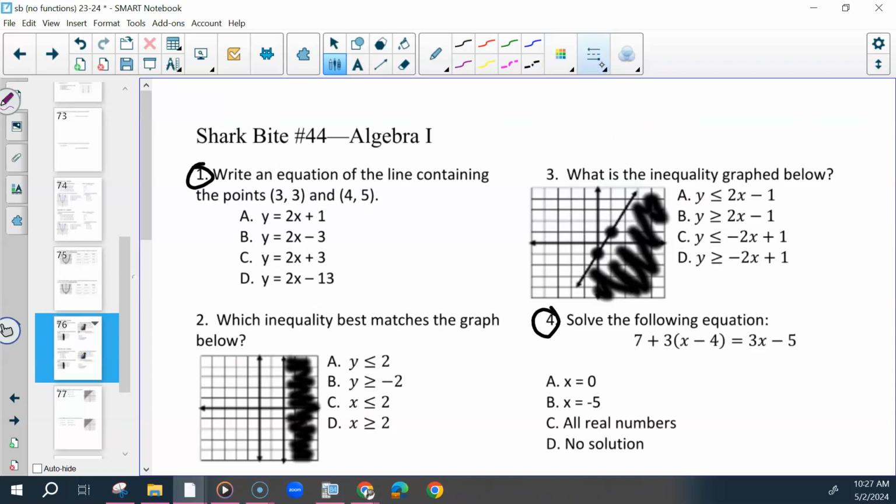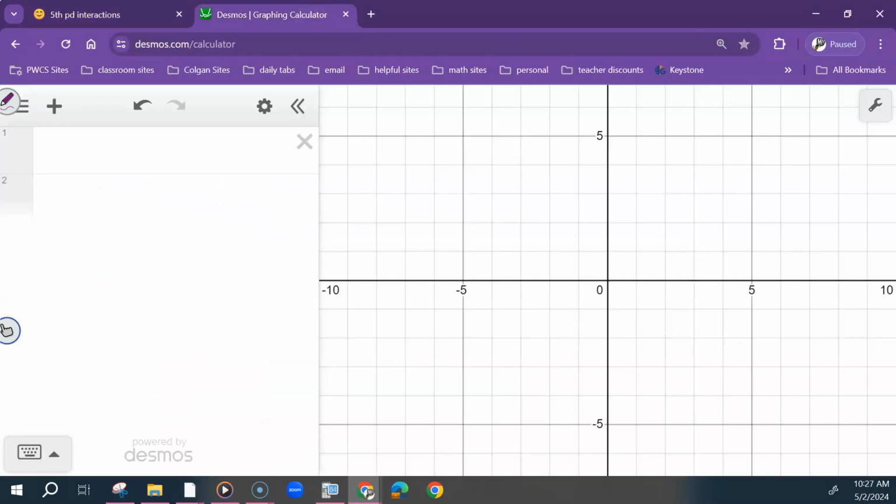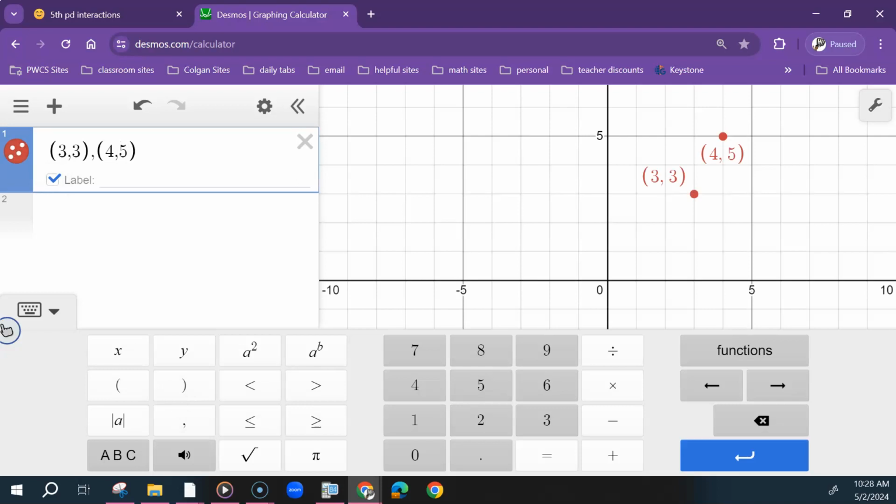Okay. 1 and 4 and 5 can be done in decimals. So we typed in these ordered pairs, and then typed in our y equals mx plus b.